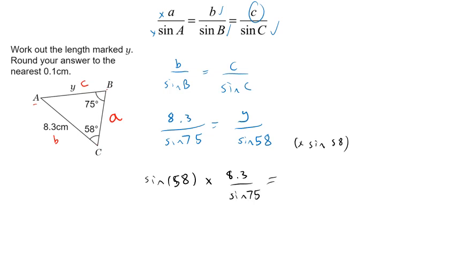Let me just try that now. Sine 58 times by fraction button 8.3 over sine 75, and that gives me, and I'm just going to write out the unrounded answer, 7.287101148. The question asks for my answer rounded to the nearest 0.1 centimetre.